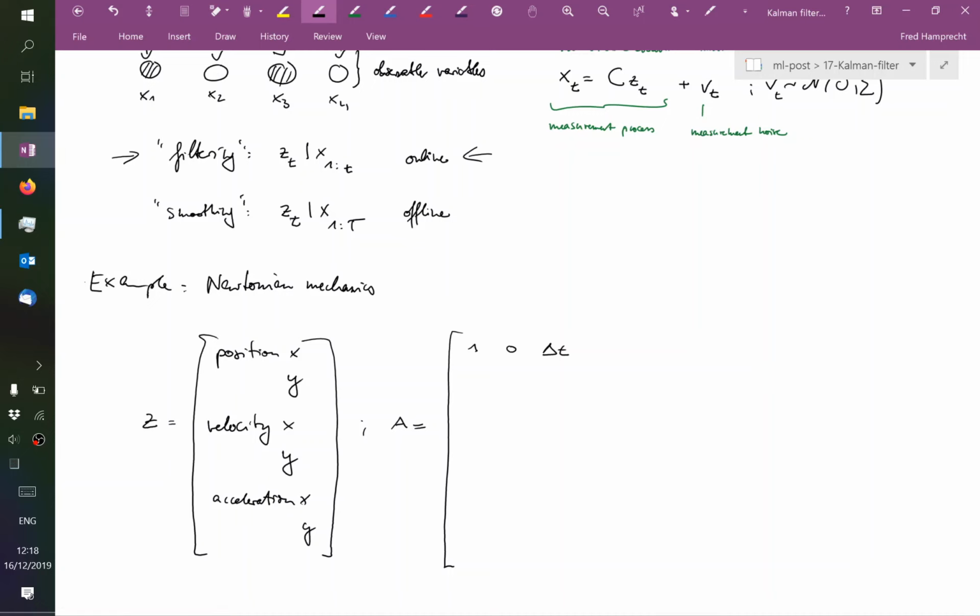So my new position is the old x position, plus delta t times the velocity in x direction, plus 1/2 delta t squared times the acceleration in x direction, and the y does not matter here. Then we have something similar for the y position.